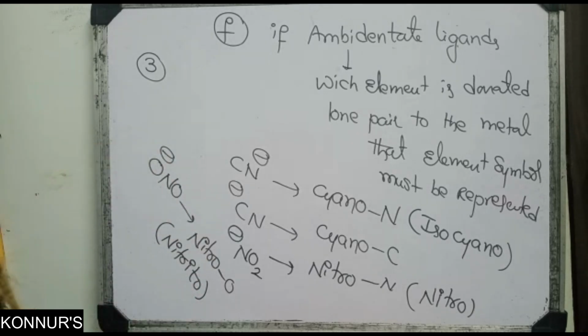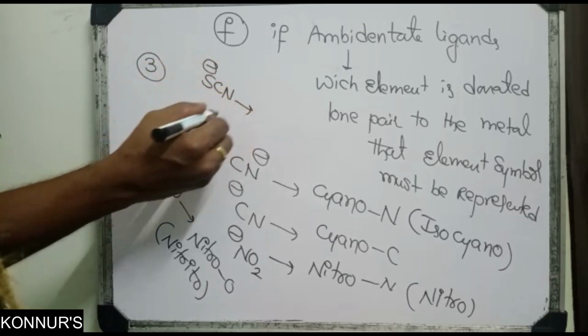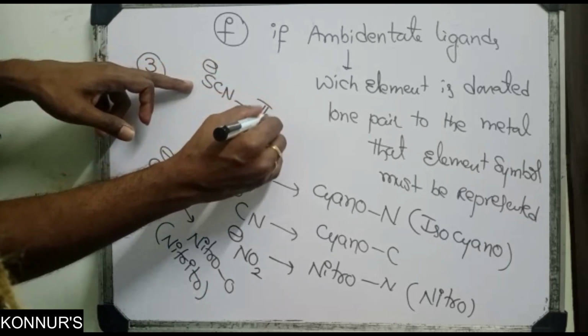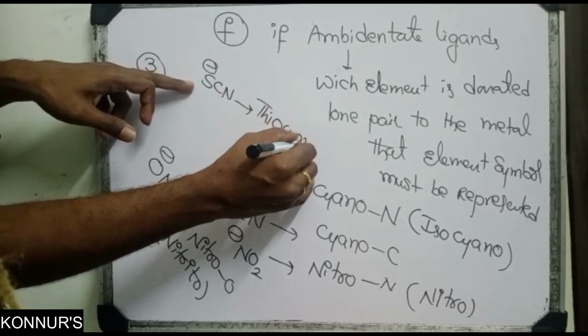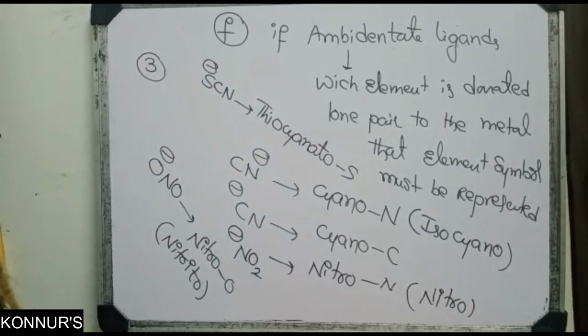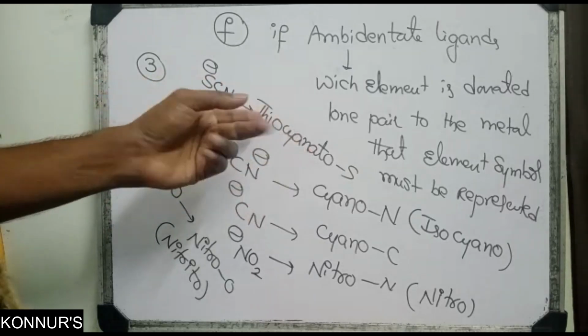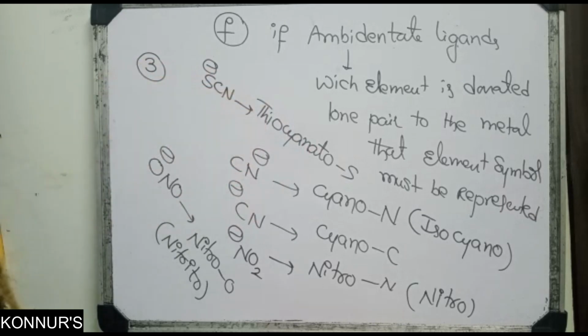Suppose SCN minus: you call it thiocyanato, thiocyanato-S, otherwise thiocyanato-N or thiocyanato-C. Who is donating, that you must write.